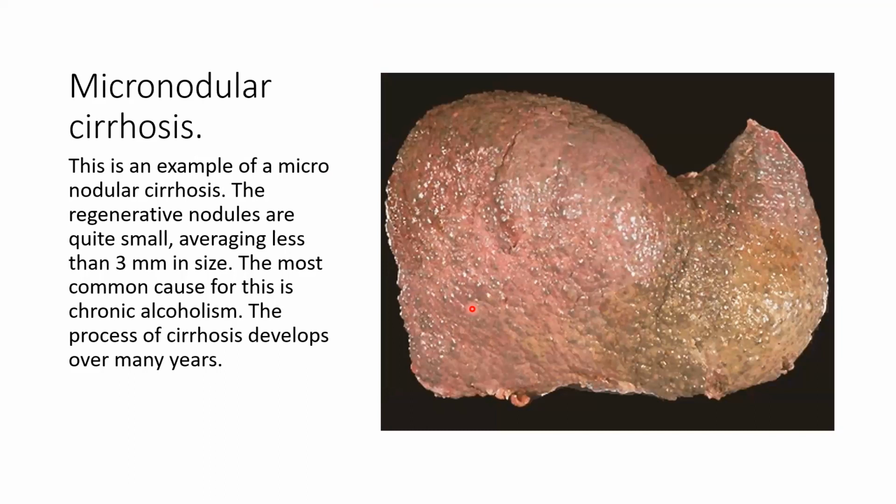And if you remember, we divided cirrhosis into micronodular if the nodule is 3 millimeters or less, or macronodular if the nodule is more than 3 millimeters. So the nodules in here are very small. This is a nodule, this is a nodule, this is a nodule. So this is micronodular cirrhosis. And we said micronodular cirrhosis has etiological factors. The most important is alcoholism, chronic alcoholism.